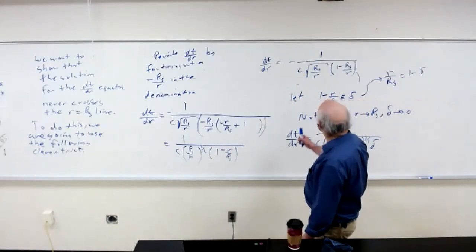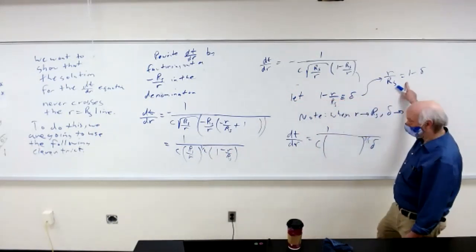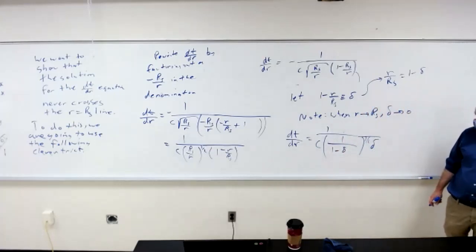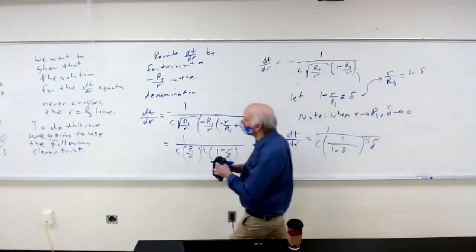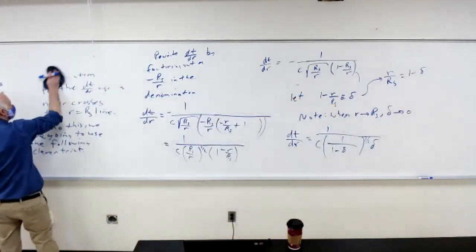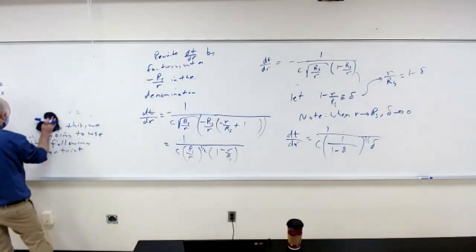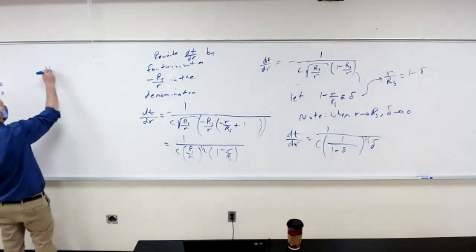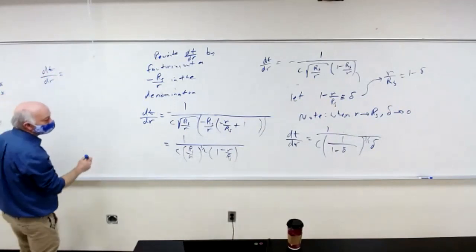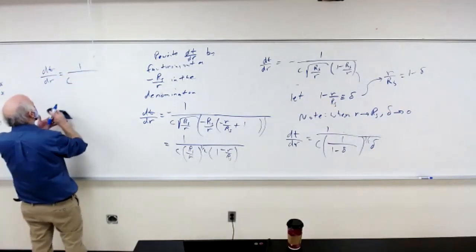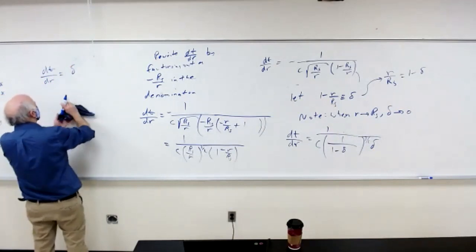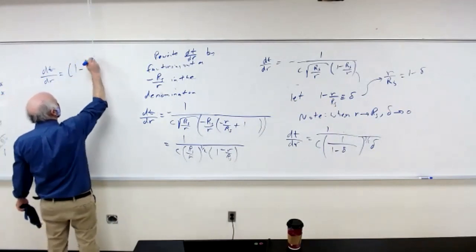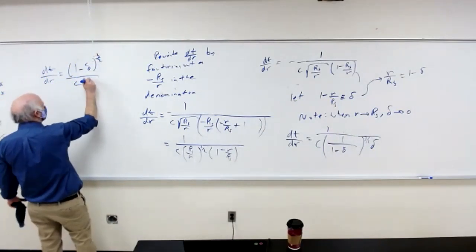Actually, this is just a reciprocal of this, 1 over 1 minus delta. Okay, so let's rewrite this. This gives me dt/dr equals 1 over C delta, times 1 minus delta to the 3/2 power.